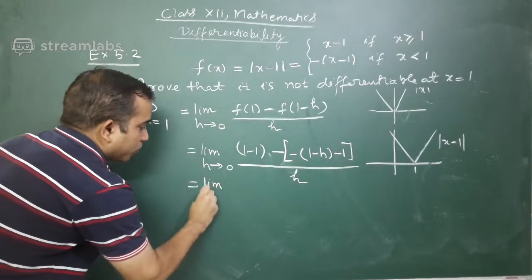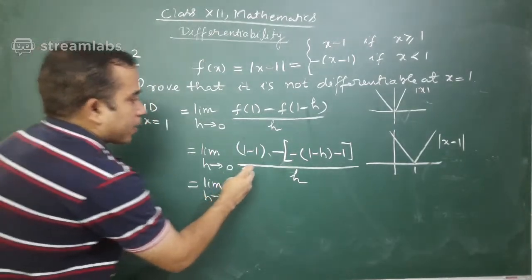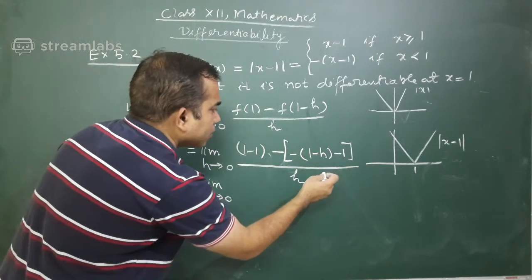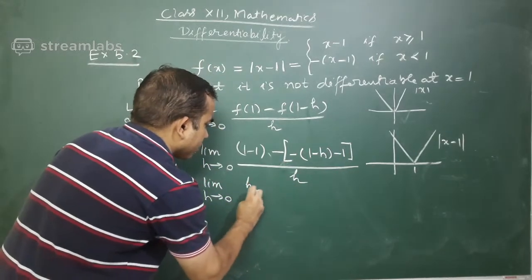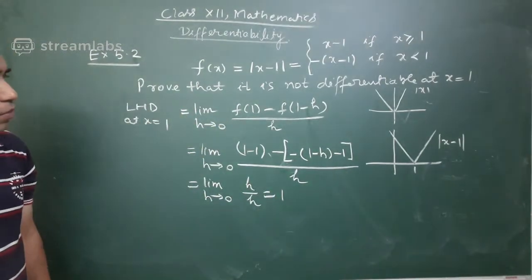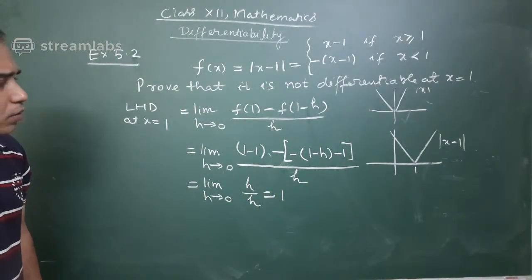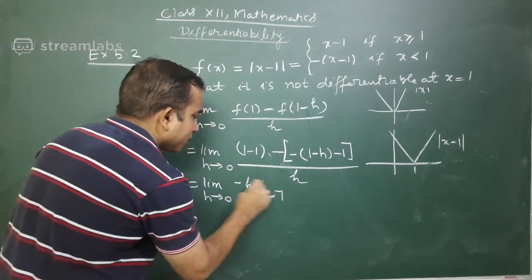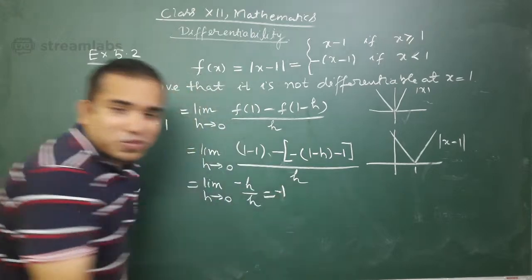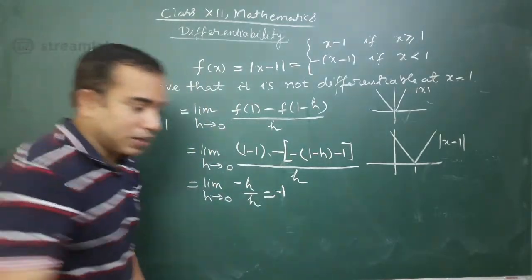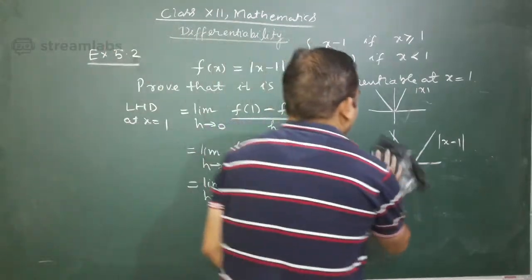This is going to be 0 plus, 1 minus 1 got cancelled. Is it h? Is it 1? नहीं, minus 1. Minus h ना? बता दो मुझे, मैं कंफ्यूज हूँ. LHD बता दो, मैंने निकाला है -1, तो आप चेक करके बता दो. ठीक है.